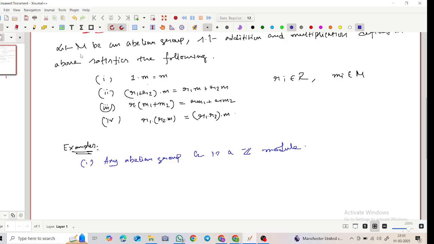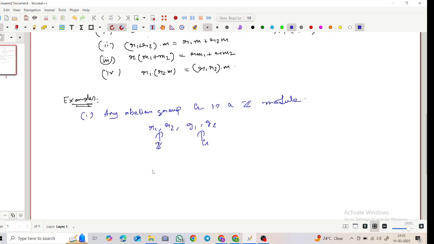So by definition, any R module M is basically a Z module, because M is by definition taken to be an abelian group. You can check this: take r1 and r2 from Z, g1, g2 from G, and you can check the rest.